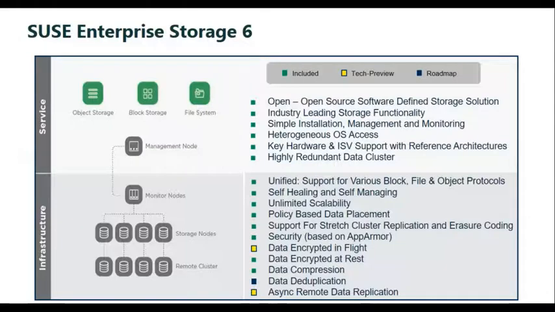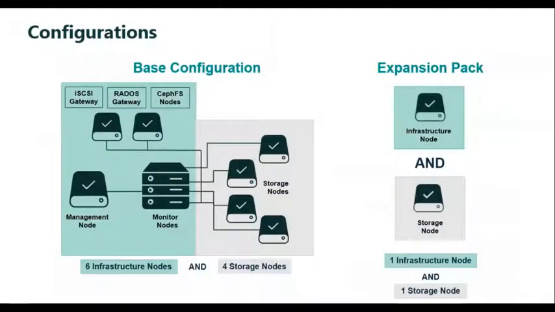Now, as we have looked at the feature set, let's look at another important aspect: how SUSE Enterprise Storage 6 is licensed to the end customer. Like the configurations and the setup, even the subscription or licensing has been simplified as much as possible. So for SUSE Enterprise Storage 6, we have just two types of licensing configuration.